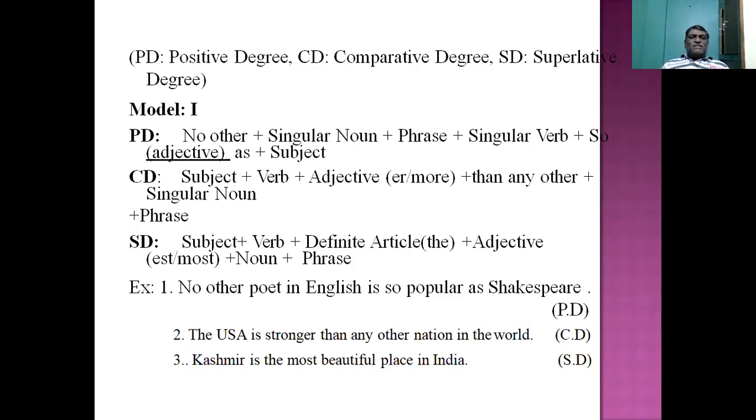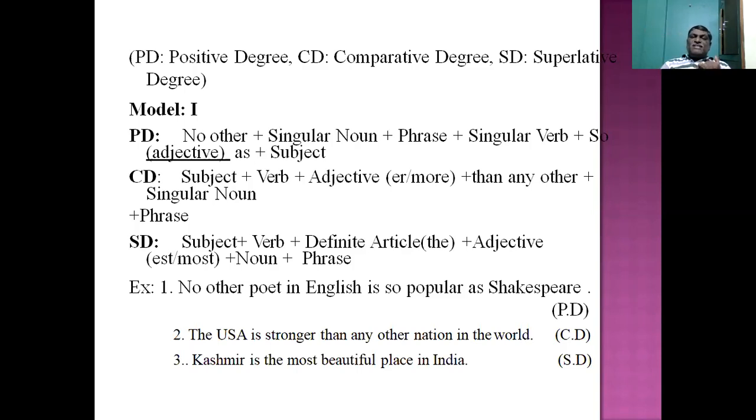One example you can see: the USA is stronger than any other nation in the world. So this is in comparative form. The positive form for this is that no other nation in the world is so strong as the USA. The USA is the strongest nation in the world.